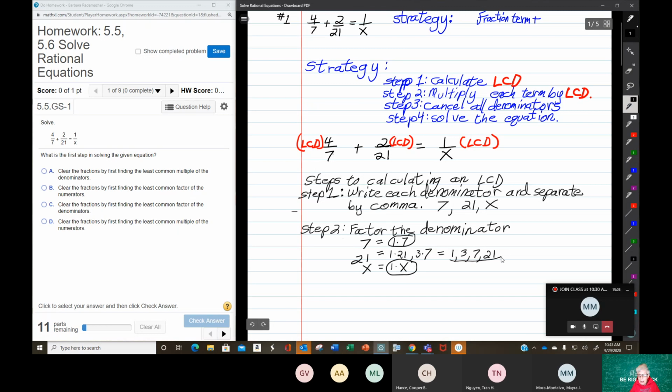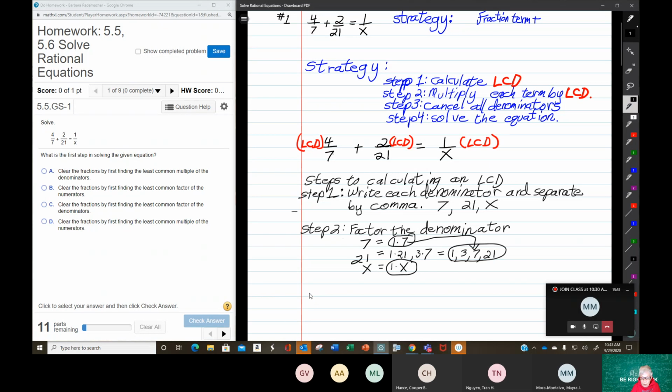And then 21 is interesting, particularly because look, 7 is in 21. So if you write 21 as part of the LCD, 7 is already inside 21.